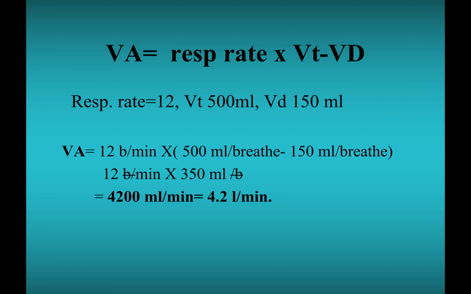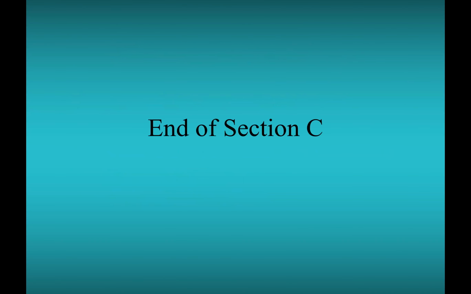If we were to do the equation, alveolar ventilation equals 12 breaths per minute times, and then of course, as I said before, you would do that section, tidal volume and dead space, in parentheses first, 500 mLs per breath minus 150 mLs per breath. The breaths will cancel out, and that will be 12 times 300 mLs, and then you equal 4,200 mLs per minute, or 4.2 liters per minute. That's how you will come up with that.